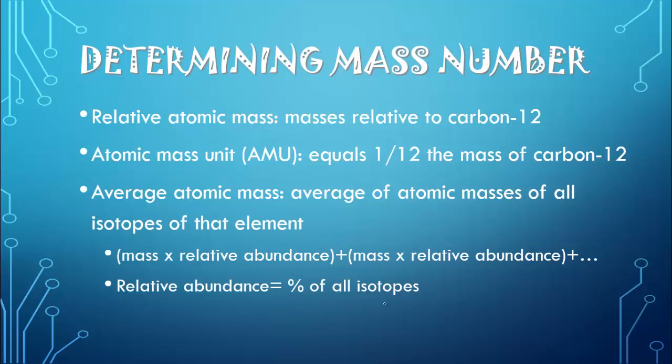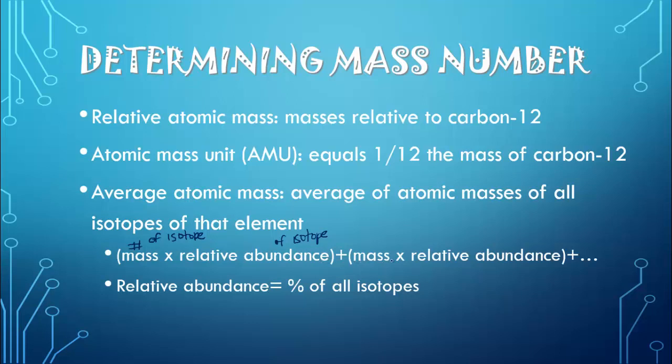To find this, it looks like a long, drawn-out math problem, but it's really not. We take the mass number, so the mass of the isotope, and we're going to multiply it by the relative abundance of the isotope. So this is one isotope, let's say, of carbon.